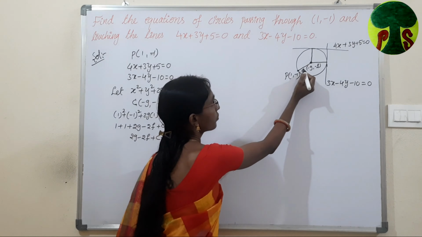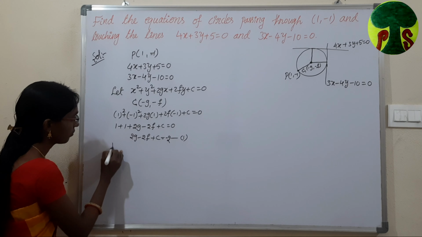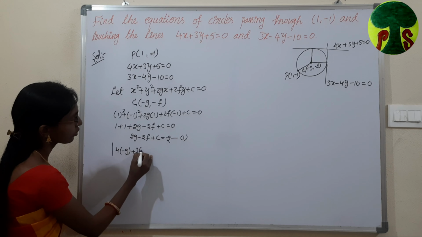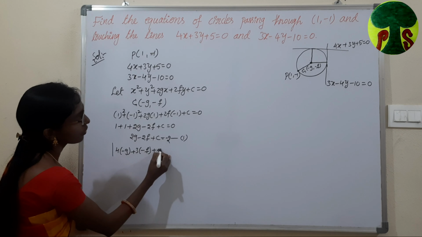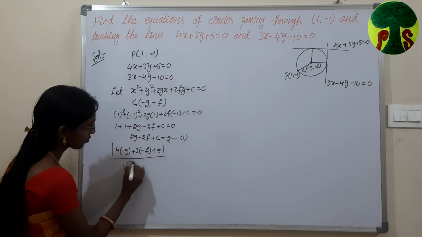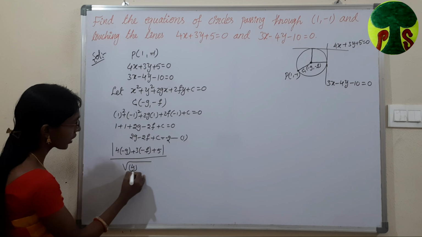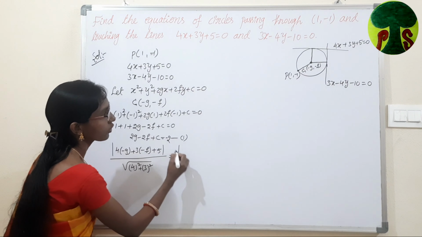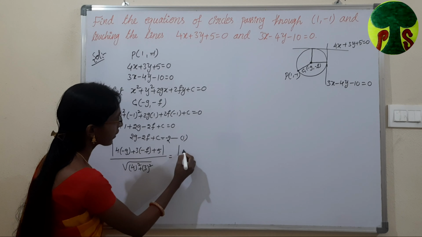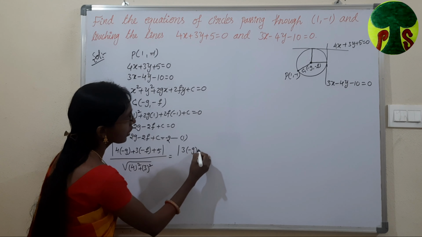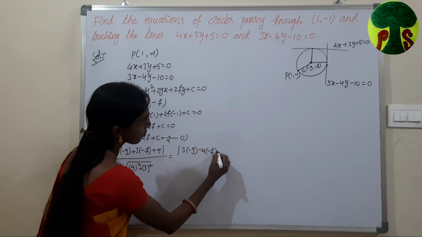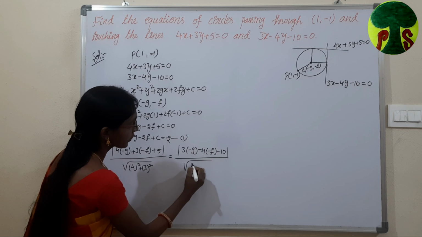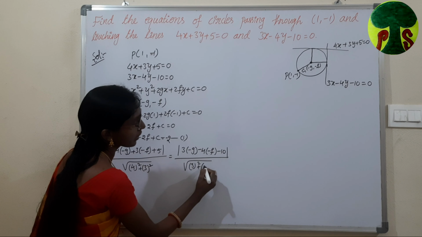So, equating that to: modulus of 4(-g) + 3(-f) + 5 divided by the square root of 4² + 3², which is equal to the modulus of the perpendicular distance from the center to the second line: 3(-g) - 4(-f) - 10 divided by the square root of 3² + (-4)².